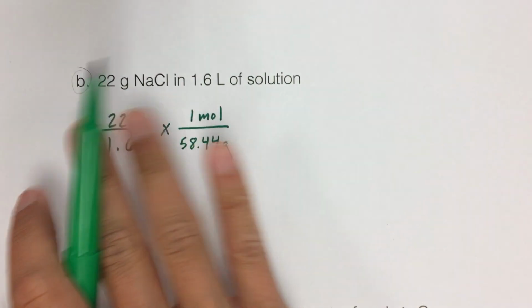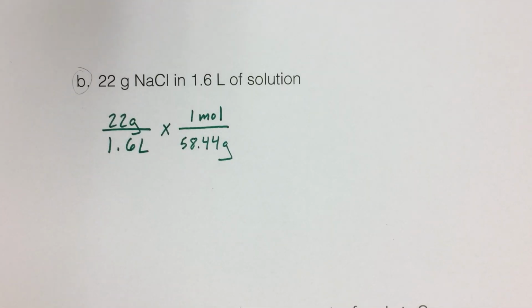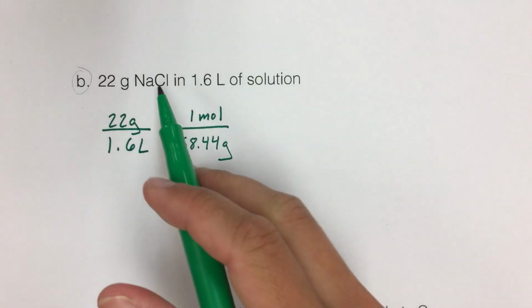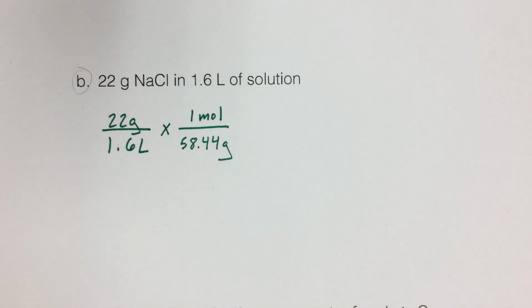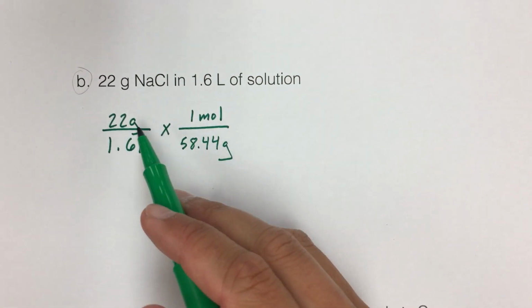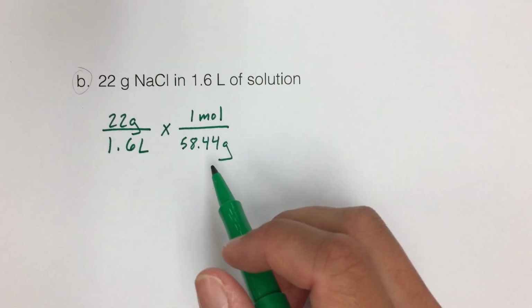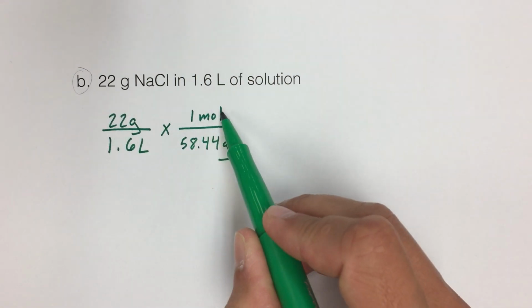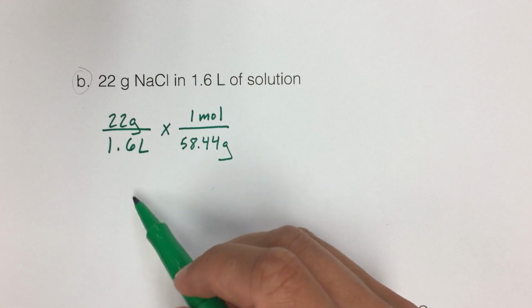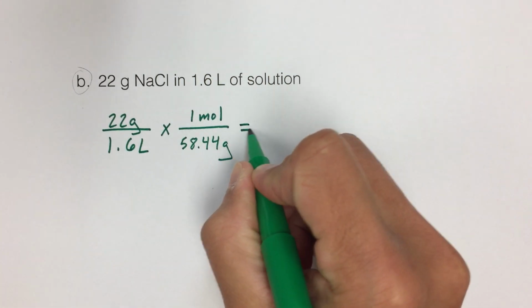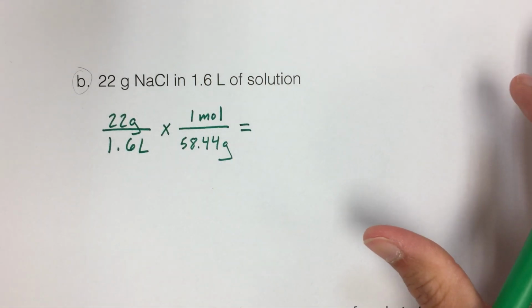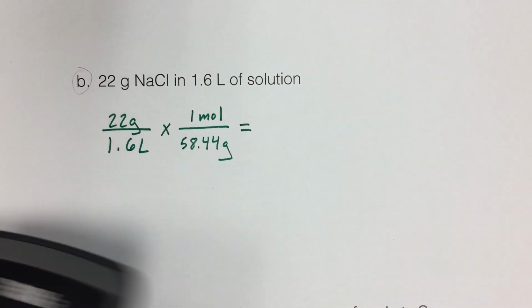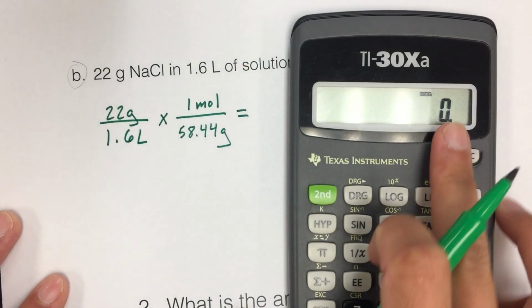For this one, though, we're only dealing with NaCl, so I'm not going to worry too much about writing in that formula here, but I do need to worry about all my other units. I need to make sure that my grams cancel, so I show that. And so if the grams cancel, what we're left with here is moles on top and liter on the bottom, and that's exactly what we want for a molarity calculation, which is what this question is asking. So now we just type this into the calculator.